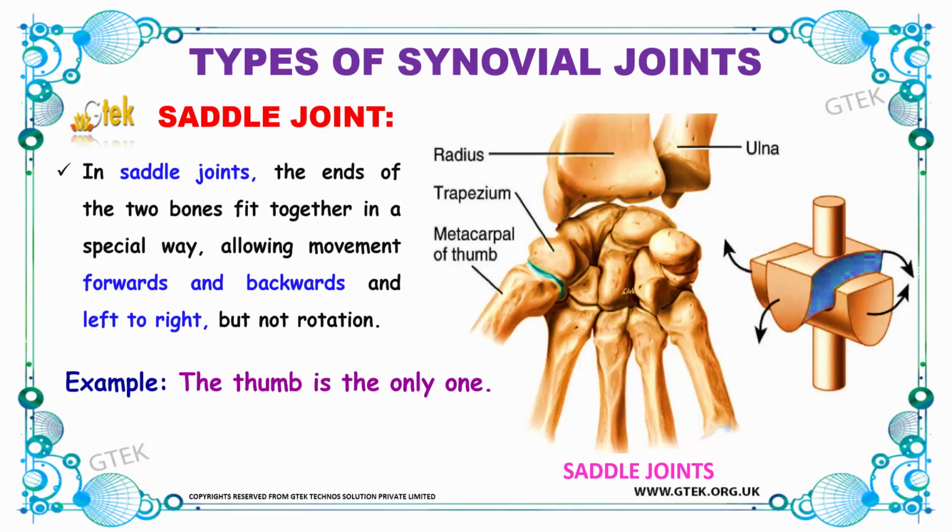Saddle joint is found in your hand, and it joins the ends of two bones that fit together in a special way, allowing the movement to be in forward and backwards and left to right, but it does not allow rotation.